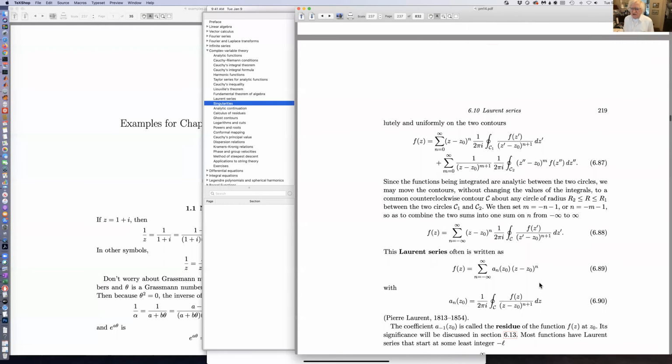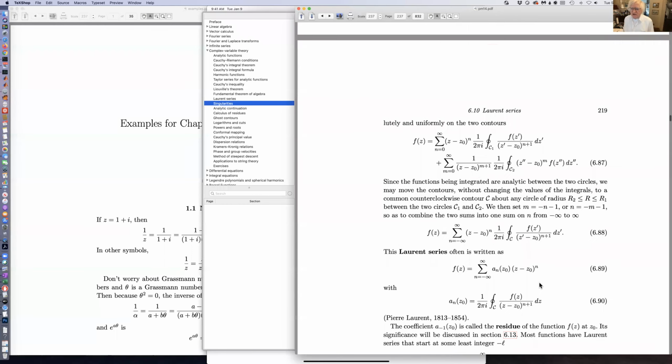The value along the green contour, the integral of f of z dz, in absolute value, is something like 2 pi R over R cubed, because f of z is 1 over (z minus i)(z minus 2i)(z minus 3i).